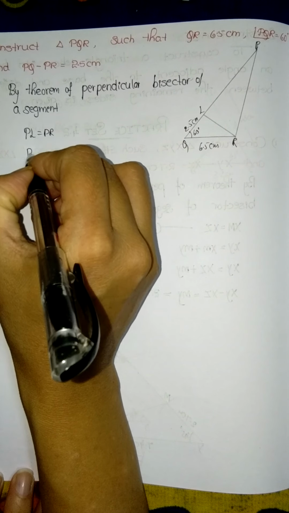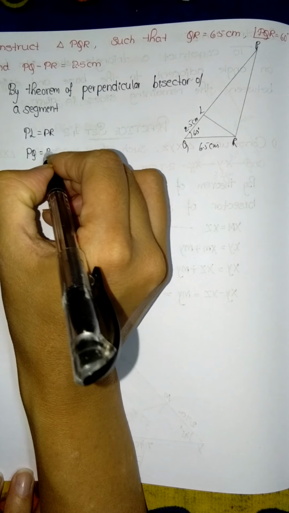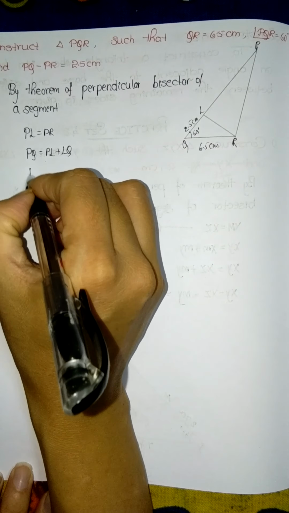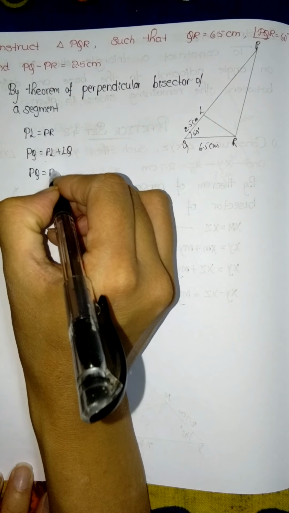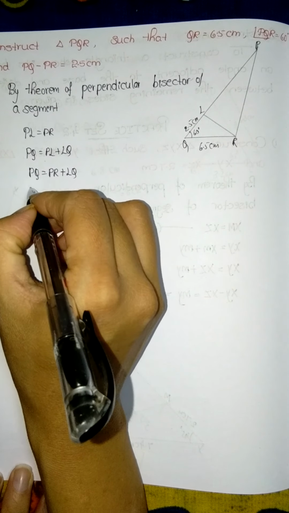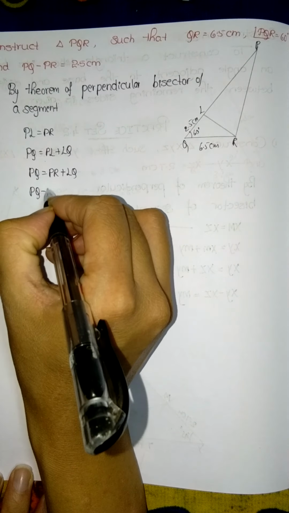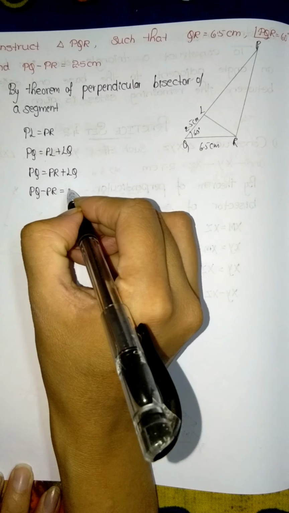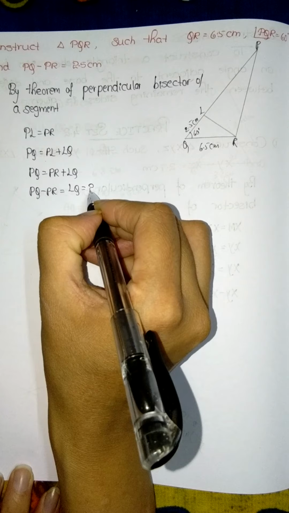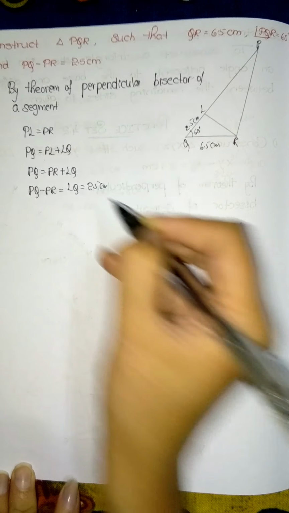So PQ is equal to PL plus LQ. So here PQ is equal to PR plus LQ. Therefore PQ minus PR is equal to LQ, which is equal to 2.5 centimeter.